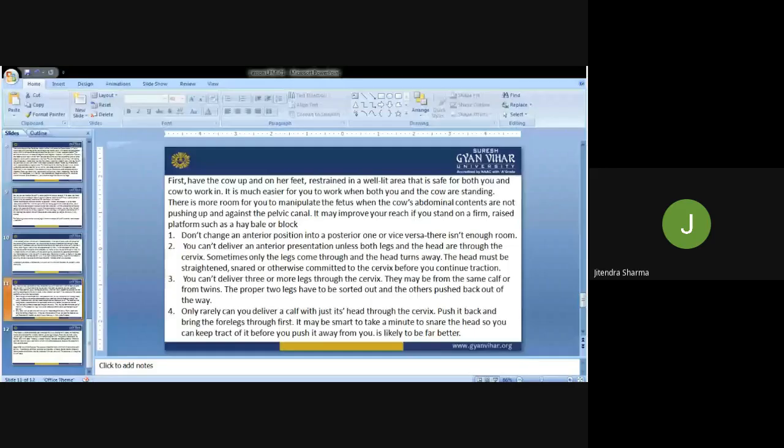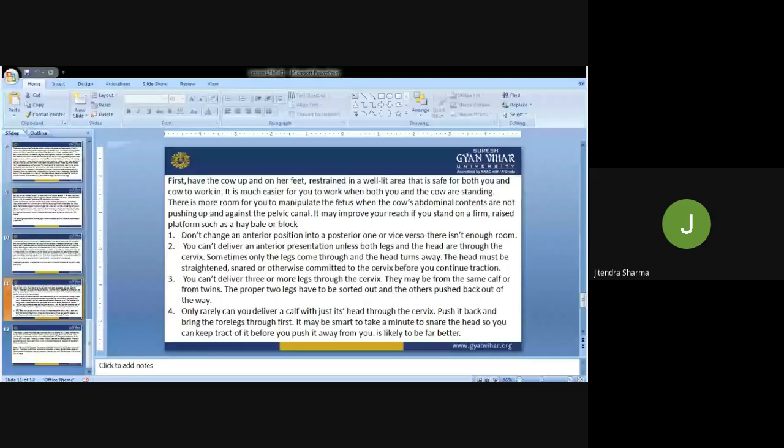It is much easier to work when both you and the cow are standing. There is more room to manipulate the fetus when the cow's abdominal contents are not pushing up against the pelvic canal. It may improve your reach if you stand on a firm raised platform such as a hay bale or block.